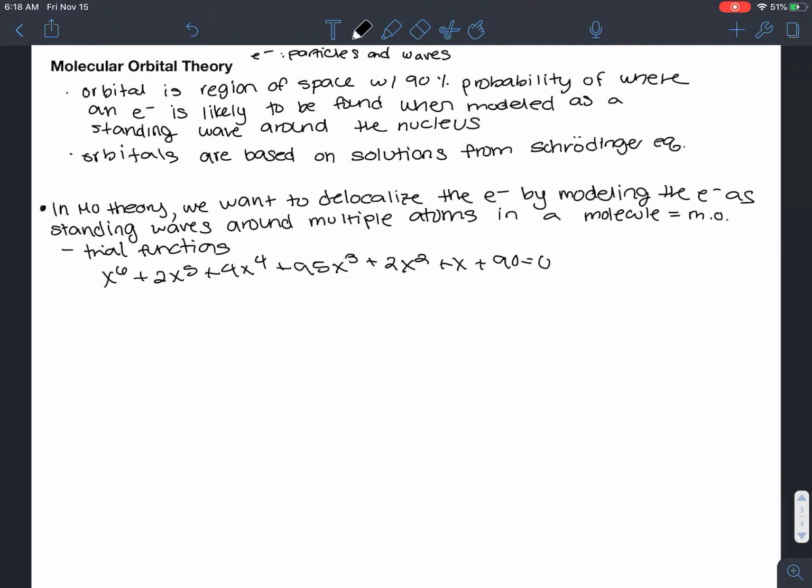You can just constantly guess a little bit. All right, I think x is this. Does this give me the answer of 0, etc.? Now, that is what we do with the Schrödinger equation. We guess what we'll substitute in for the Schrödinger equation to give us the answer. So in MO theory, that little guess, so our successive approximations, are called linear combinations of atomic orbitals.